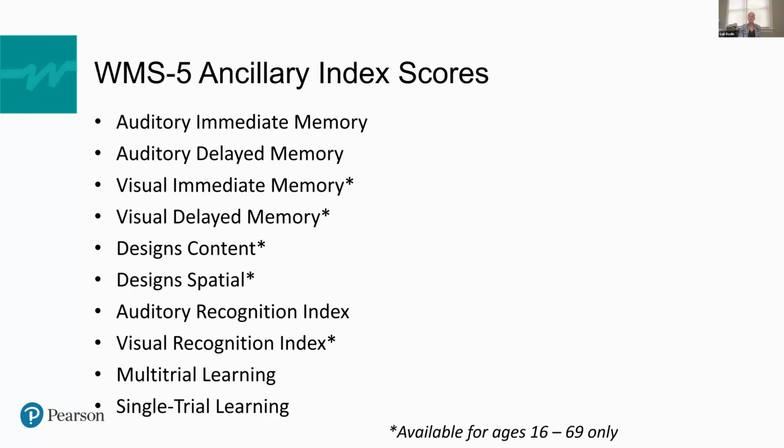And here's a list of the WMS-5 ancillary index scores. Note that 4 of them are available only for younger examinees, ages 16 to 69.